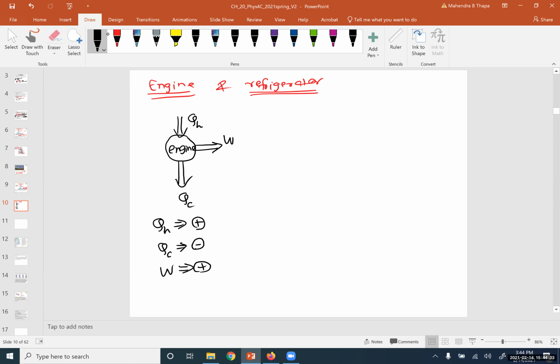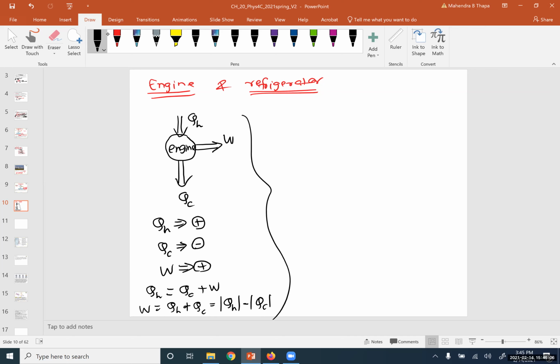So I can write QH equals QC plus work W, so work W is QH plus QC in terms of symbols, which in positive magnitudes is QH minus QC. This is about the heat engine.